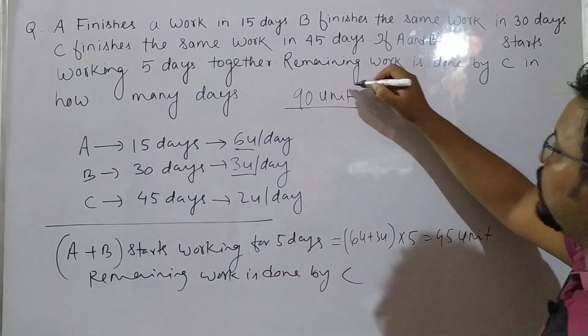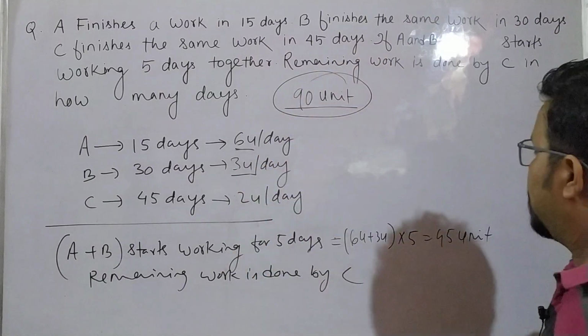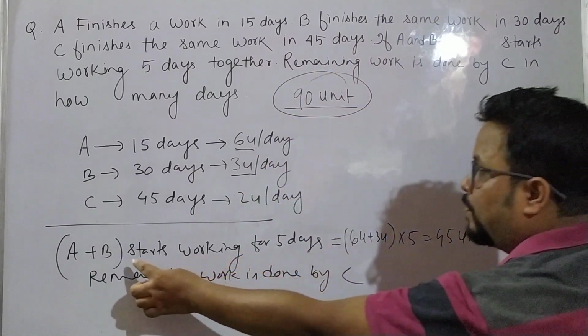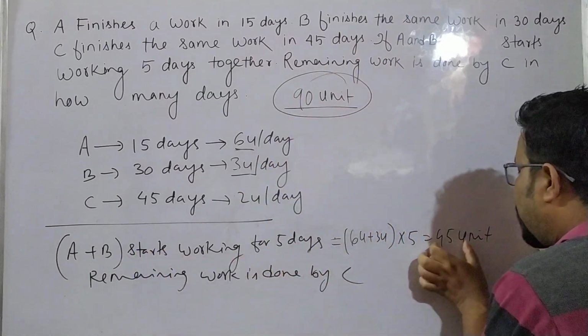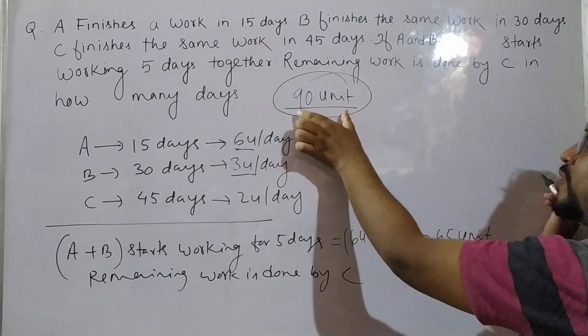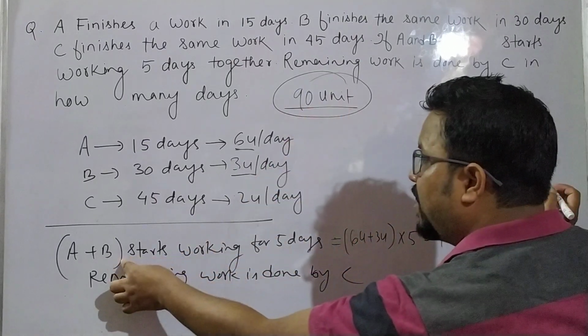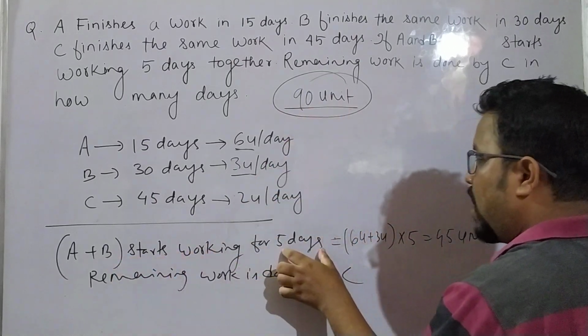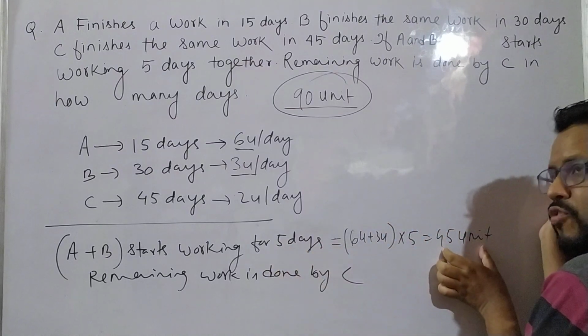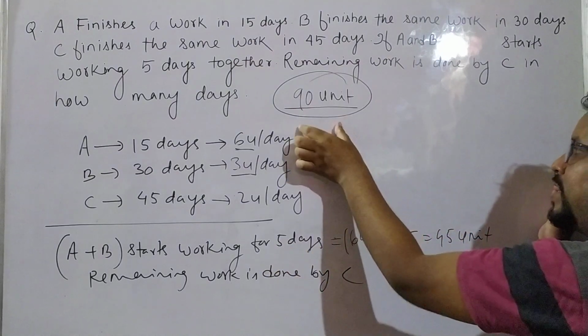So the total unit was 90 units. A and B after working 5 days have finished 45 units. Out of 90, 45 is finished.